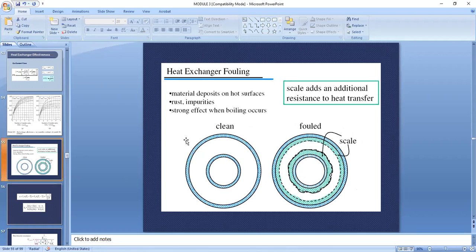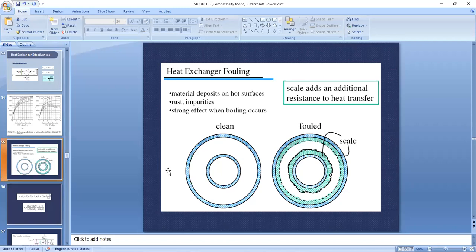If your feed has high velocity, the formation of rust will be rapid, or if it's corrosive. Also, if your fluids have high temperature, heat exchanger fouling can occur. This fouling, or these scales that deposit on the hot surface, offer additional resistance to heat transfer. And as such, it has to be accounted for.